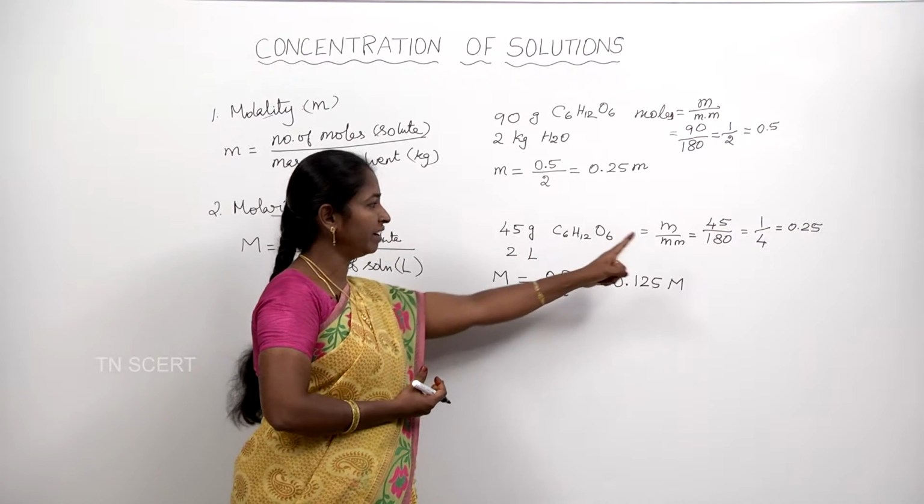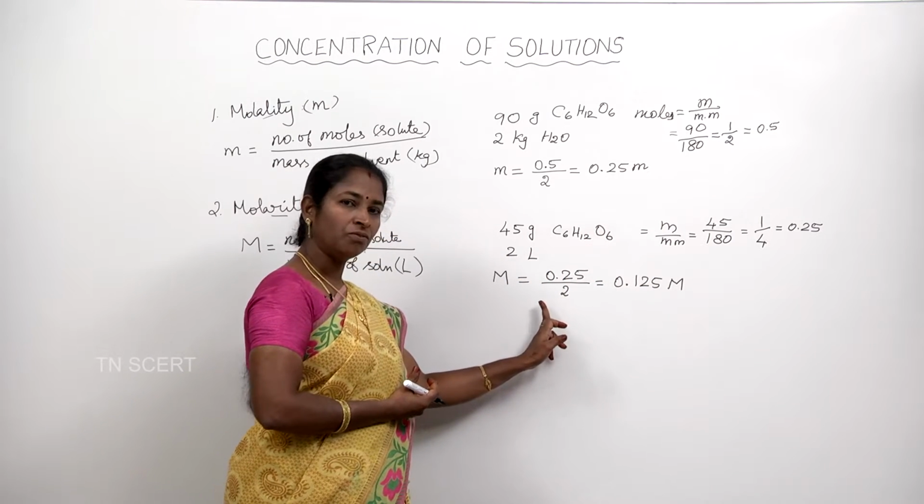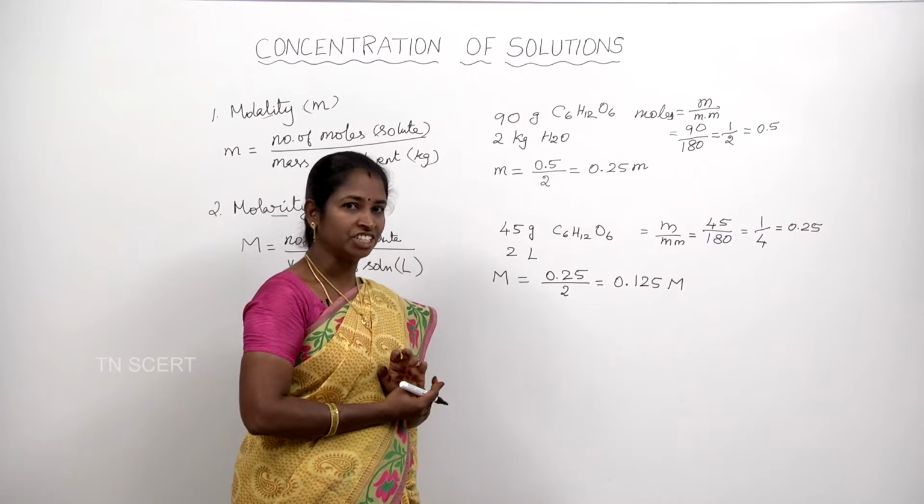The mass should be divided by molar mass and the number of moles should be divided by volume of the solution in liter.